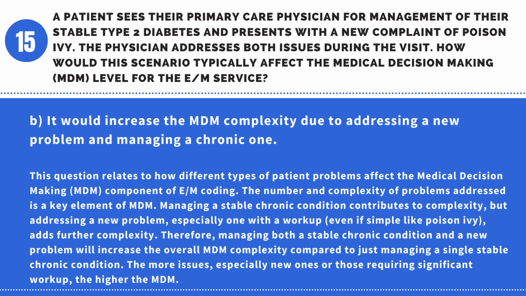Managing a stable chronic condition contributes to complexity, but addressing a new problem, especially one with a workup, even if simple like poison ivy, adds further complexity. Therefore, managing both a stable chronic condition and a new problem will increase the overall MDM complexity compared to just managing a single stable chronic condition. The more issues, especially new ones or those requiring significant workup, the higher the MDM.